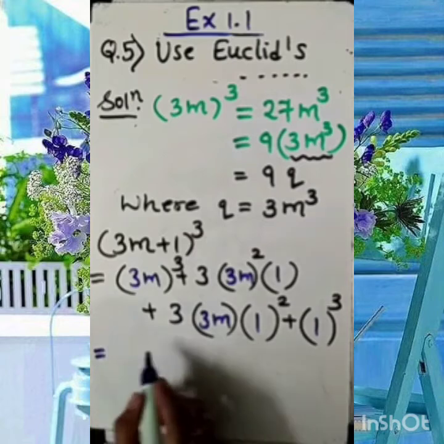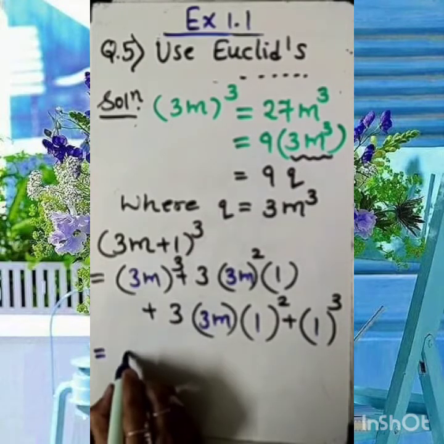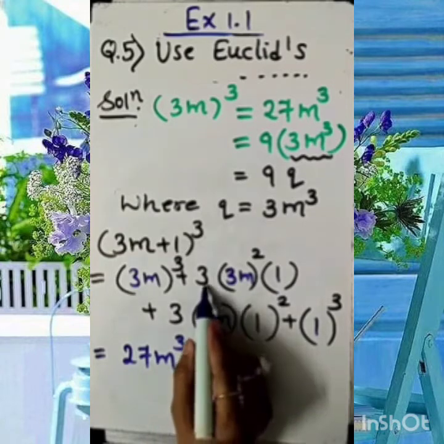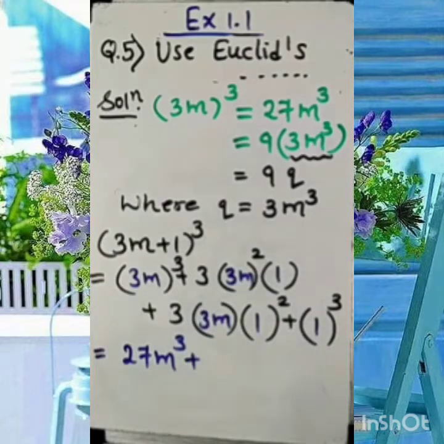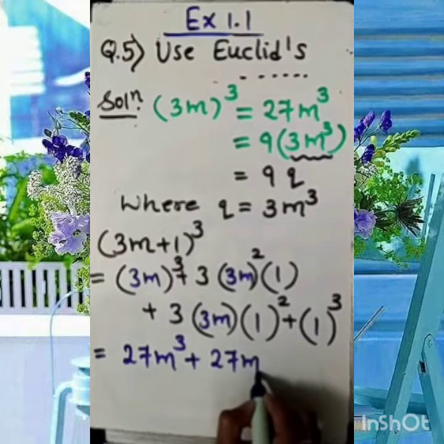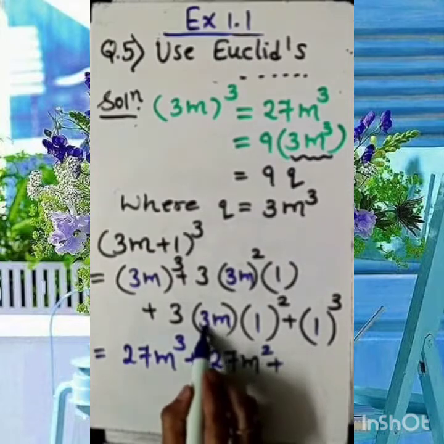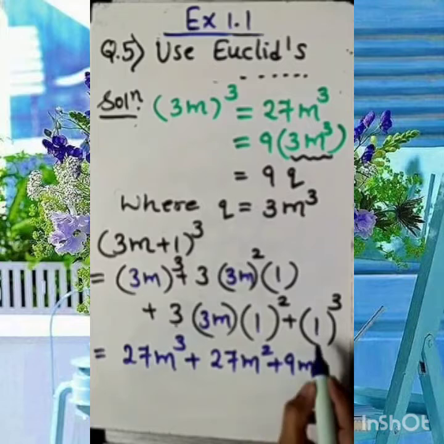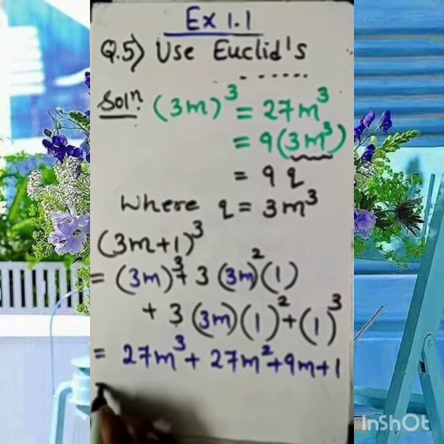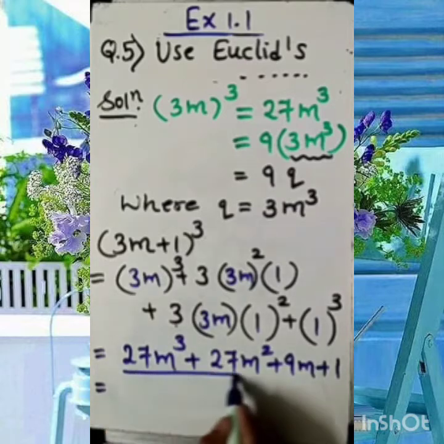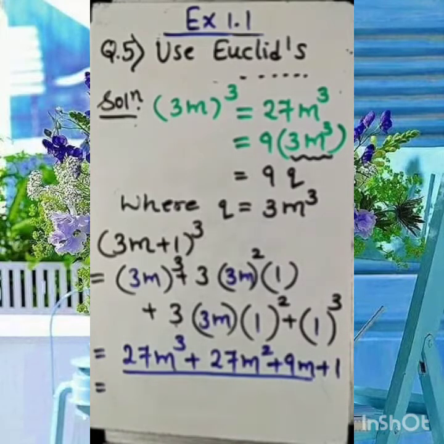If we simplify this, then what do we have? 27m cube plus, here 3m whole square is 9m square, 9 3s are 27m square. Again 3 into 3, 3 3s are 9m. 1 cube is 1. So my dear student, here I am going to take out 9 common from these 3 terms.